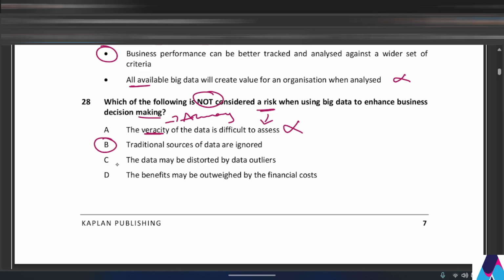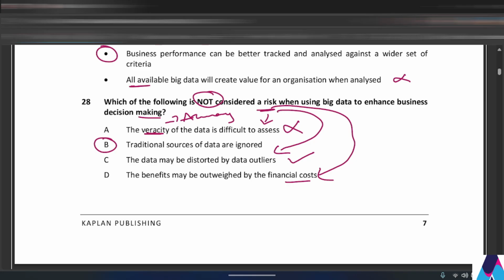But we are going to read the other options as well to see why they're wrong. It says the data may be distorted by the data outliers. So this is correct, and this is actually a risk, that the data can be distorted, okay? And it says the benefits may be outweighed by the financial cost. Again, this is a risk that is associated with big data. It doesn't matter if it's a big, small or medium company, all of them can use big data.